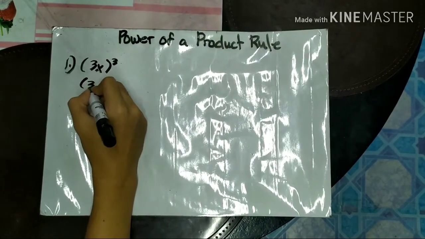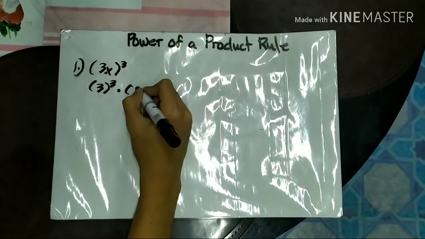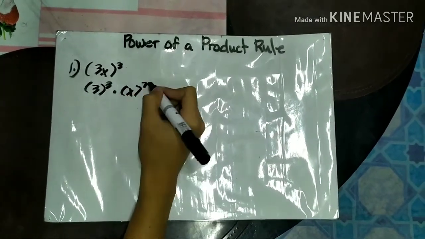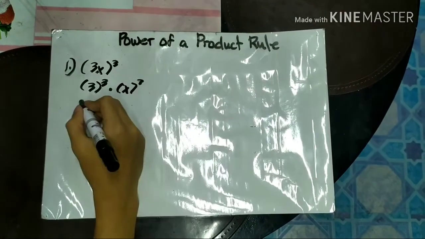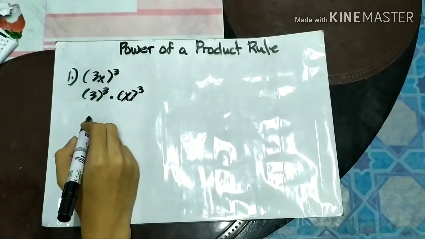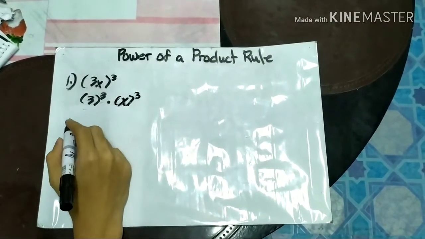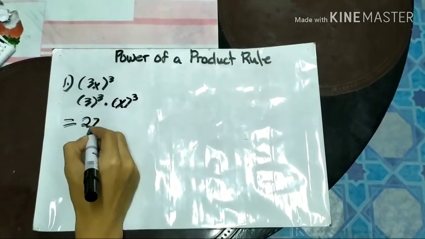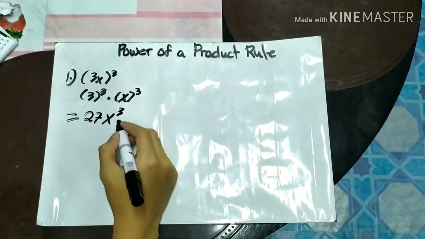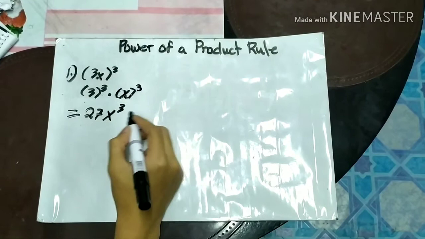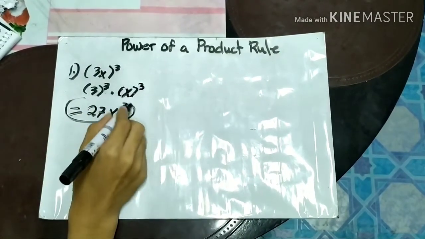So, 3 cubed times x cubed, then solve the two terms, which is 3 cubed is equal to 27 and x cubed will remain x cubed since there's no constant, so the final answer is 27x cubed.